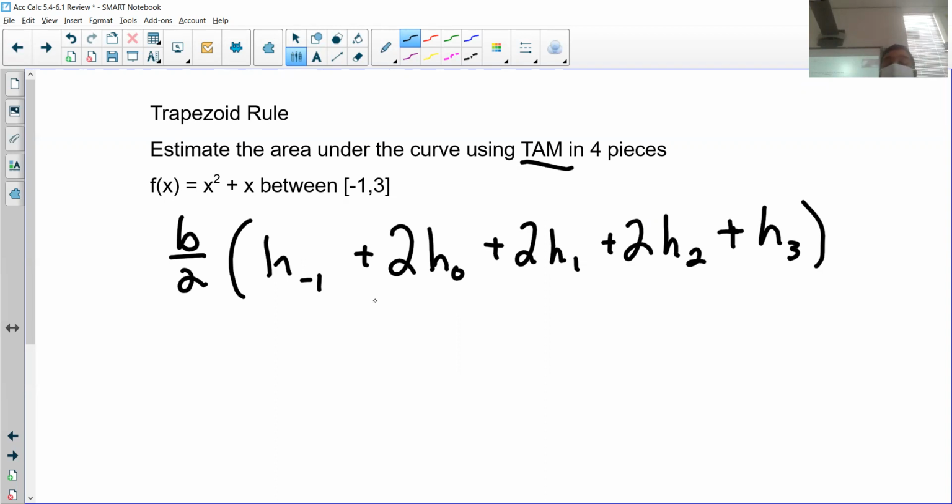Okay, so why did I pick -1, 0, 1, 2, 3? It's because those are the perfect gaps that make 4 equal sides. If it was a bigger range and I needed more pieces, you have to make sure you do that correctly. But on the test, because you're doing it by hand, really with no calculator other than a 4 function, they're going to be easier numbers to deal with. At worst it would be a half, but most likely it would be whole numbers.